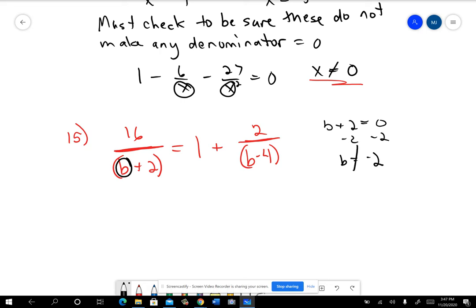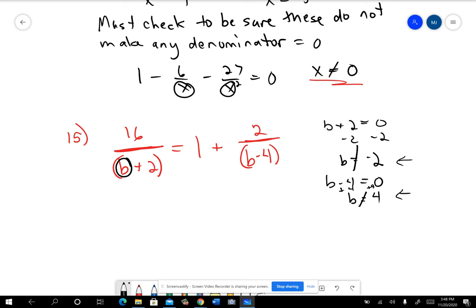If it does, I'm going to have to rule it out, okay? The other thing is b minus 4 equals 0 when b equals 4, because I could add 4 to both sides, couldn't I? Okay. And so I know I don't want b to be 4. So if during my solution process I wind up getting either a negative 2 or a 4, I'm going to have to rule those out.